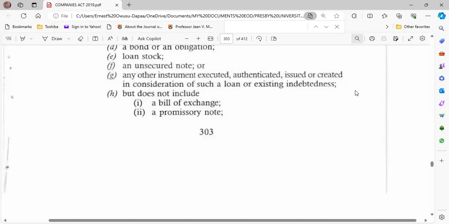So if you look at (H), it says that the starting said debenture includes, and then says that it but does not include (I) a bill of exchange. You know, bill of exchange, under the Bill of Exchange Act, 1961.